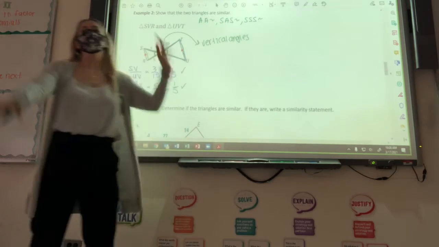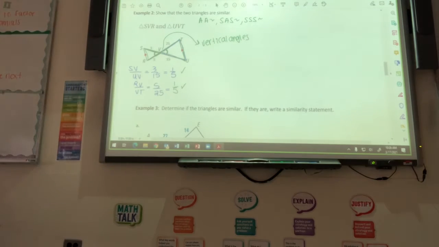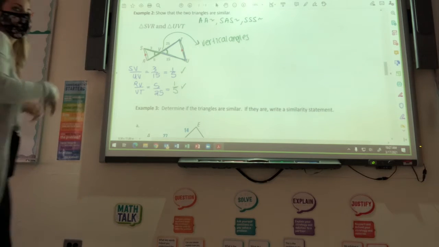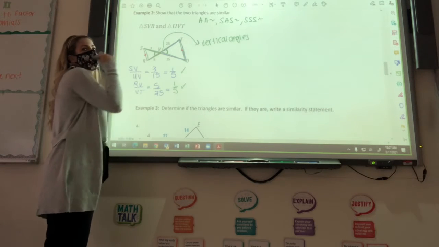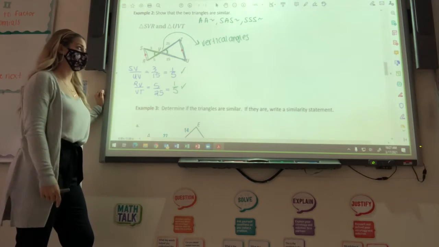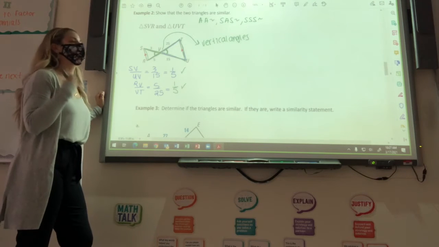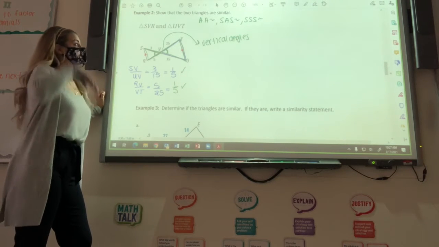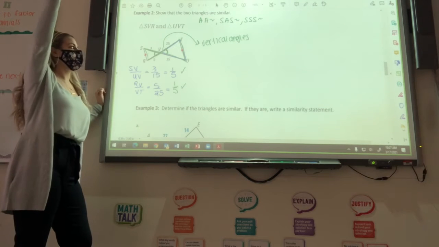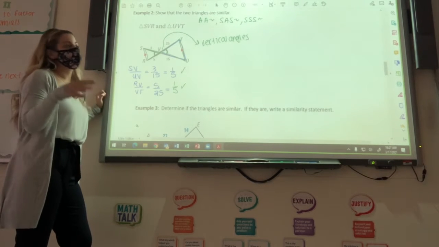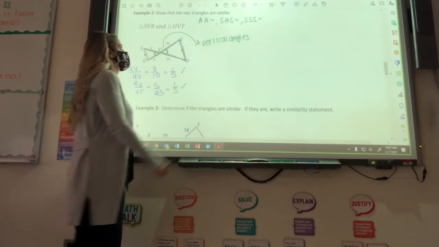Remember, vertical angles are when we have the X and it's the opposite angles in the X. Okay, so vertical angles are always congruent. So you should be looking for vertical angles in your diagram. Okay, vertical angles are always congruent. So I have my two ratios are the same. I have a pair of angles that are the same. I could say that these triangles are similar to each other.